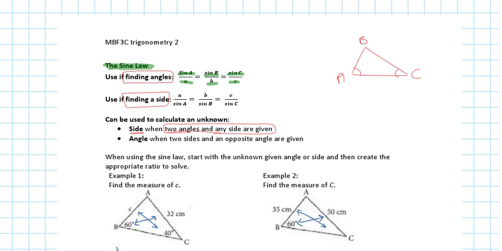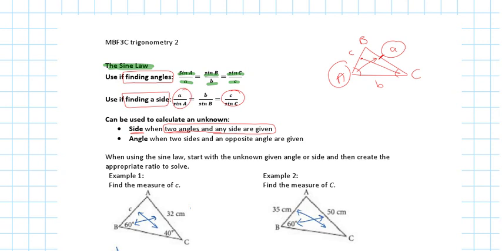Which side do you want me to give you? A. So if I give you side A, you know angle A and side A. You know angle C. You can find side C. We'll look at examples. It will make sense with the examples. Because you know side A and angle A, and you know angle C, and you're looking for side C, in this case you're going to use these two. Because these two are known, I'm looking for this.